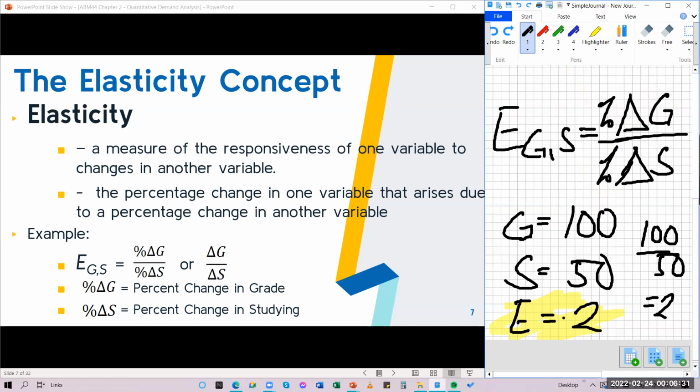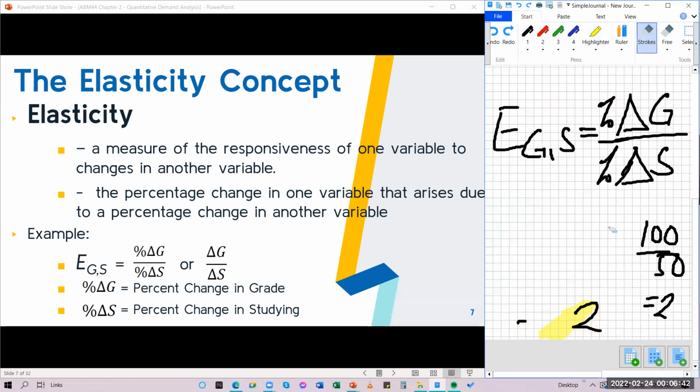So that is its elasticity. So we need to interpret the result. I hope you have followed.